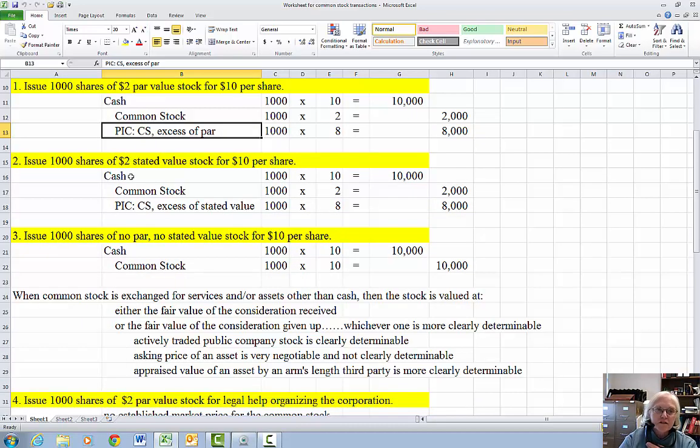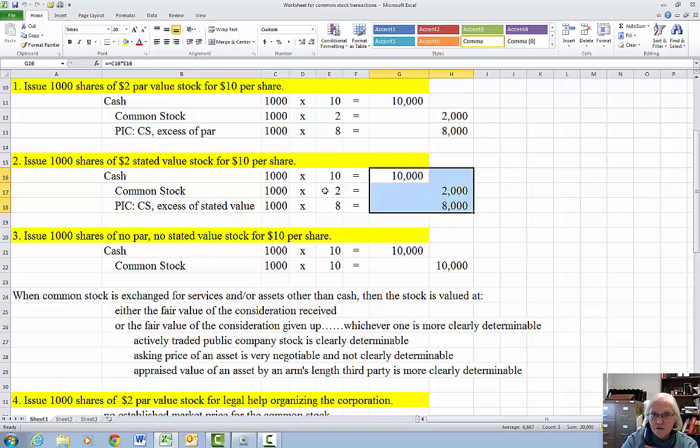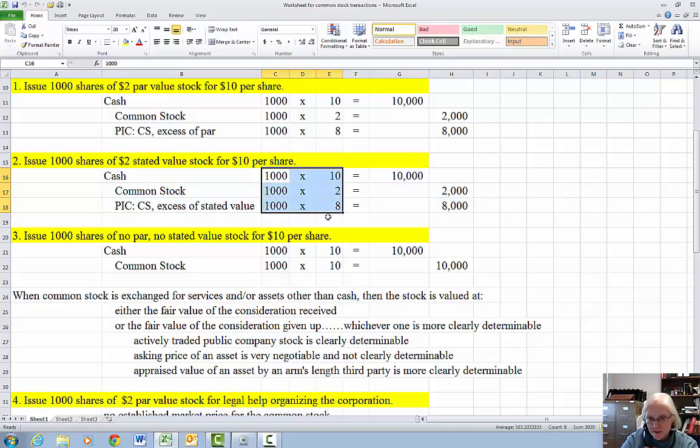All right, the second example, we're going to issue the same 1,000 shares of $2 stated value stock for $10 per share. If you'll notice, the accounts are almost identical, the dollar amounts are identical, the computations are identical.